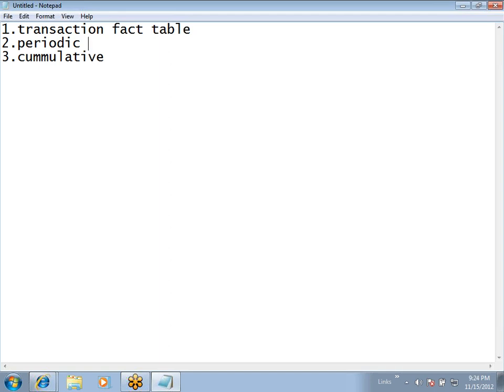Whatever you did, any transaction, will become one entry in this transaction fact table, because for every transaction there is one entry in the fact table. This transaction fact table will also maintain the facts that belong to transactional activities. The size of this transaction fact table is very big in comparison with the others.